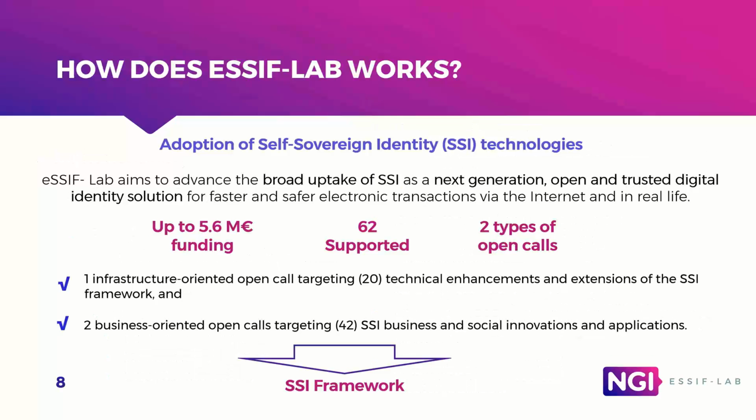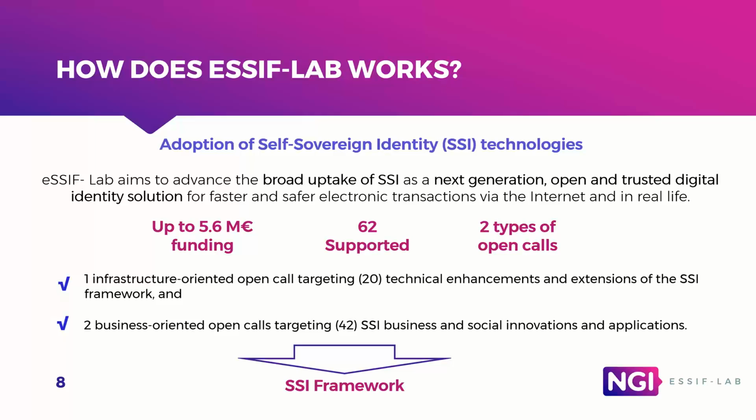What is new is how do we work? So we are a cascade funding project. The European Union pays us several million euros as a project, and our 4 partners have the responsibility, together with our evaluators, to select the best sub-grant projects and to cascade most of the funding to the sub-grantees. So we have up to 5.6 million euro of funding available for 2 types of open calls.